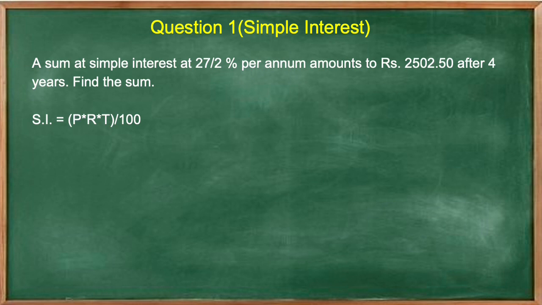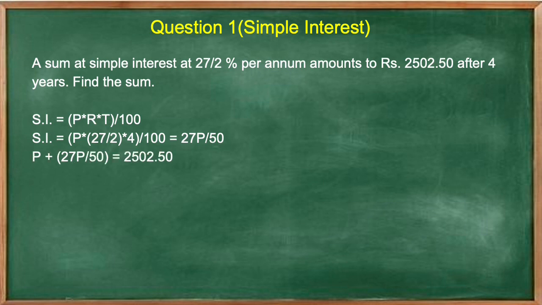Now let's substitute these values into this formula. And we get simple interest, which is equal to 27P divided by 50. Now we can add this interest to the principal amount, which is equal to 2502.50, which can be written as P plus 27P divided by 50 is equal to 2502.50.